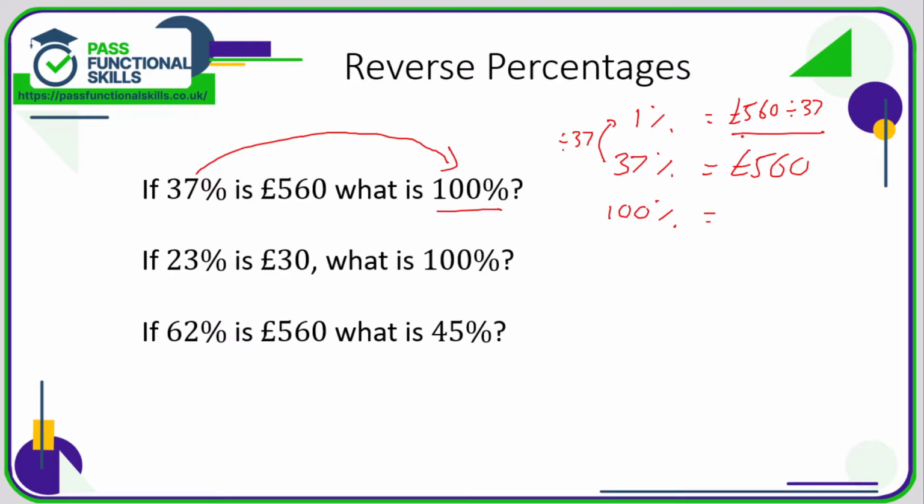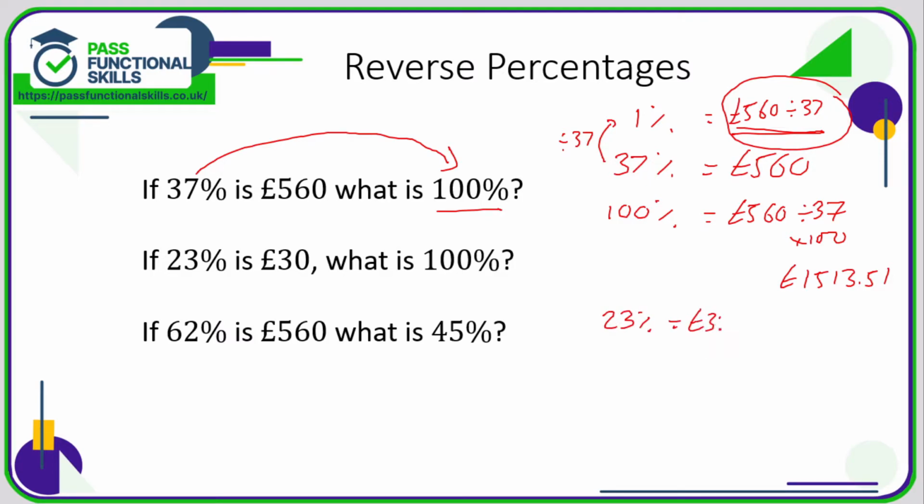Now, if this is our calculation for 1%, then all I need to do is multiply this by 100 for 100%. So 100% is going to be 560 divided by 37, that's my 1% amount, multiplied by 100. 560 divided by 37 times 100 comes to £1,513.51.